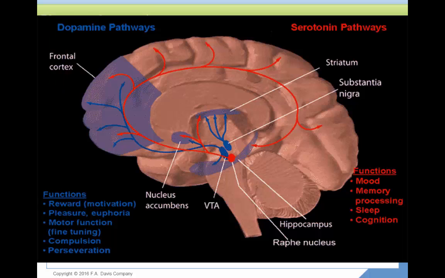We already talked about the serotonin and dopaminergic pathways when we started discussing cholinergics and anticholinergics. And also, if you remember, the dopamine pathway is basically in control of reward, pleasure, euphoria, compulsion, and perseveration. And the serotonin pathway is in charge of mood, memory, sleep, and cognition.